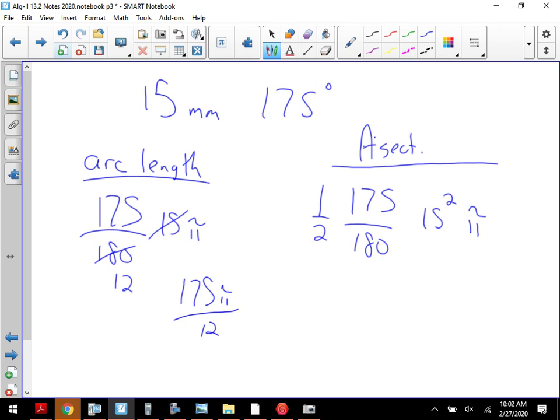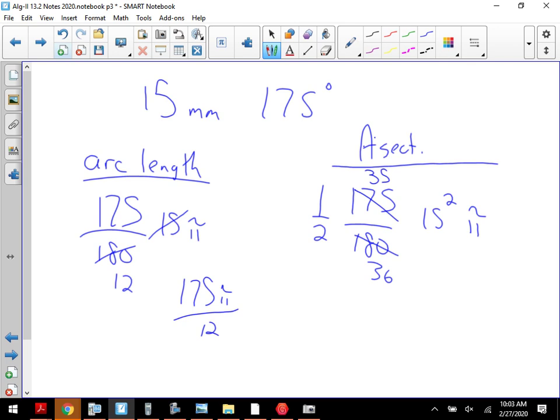If I do the 5s with the 175 and the 180, 175 divided by 5, 5 goes into 17 3 times, 2 left over, so I get 35. 5 goes into 18 3 times with 3 left over, so it'll be 36. Makes sense because they're just 5 digits away from one another. So I have 35 and 36. There's nothing that works there.